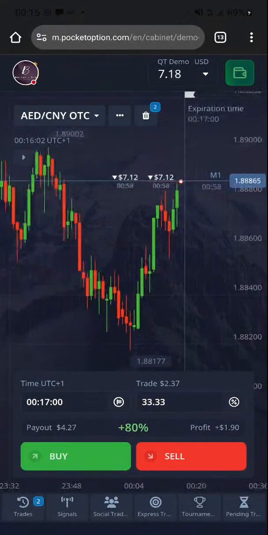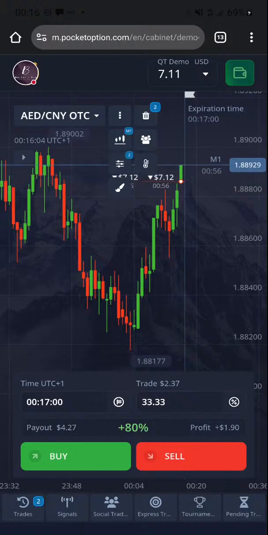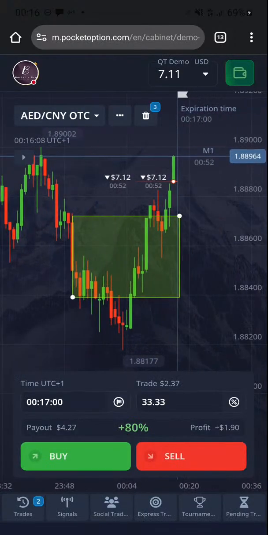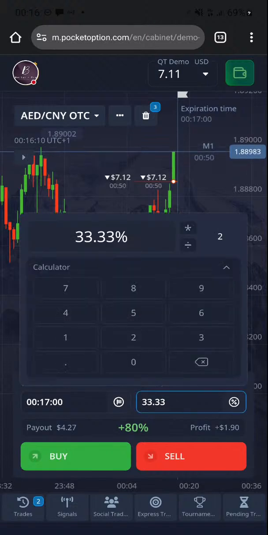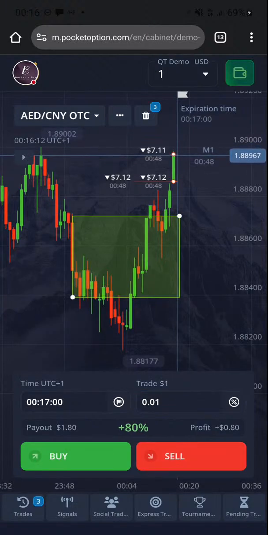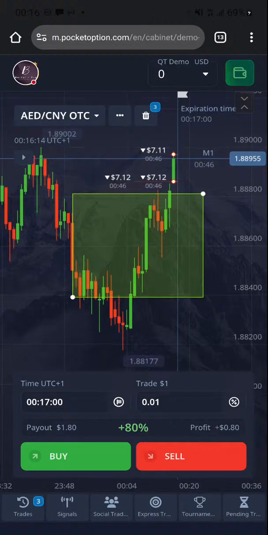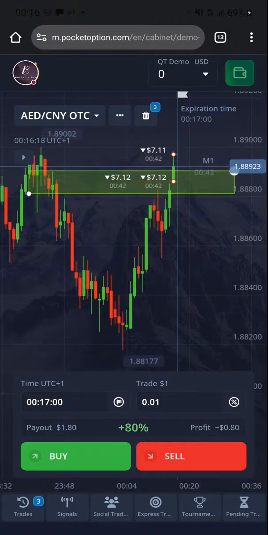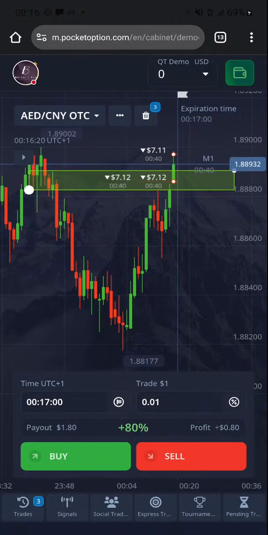Let's take this trade now. Let's go with the sellers, and I'll tell you why we went with the sellers. In fact, let's just go full margin on this because I'm expecting the sellers to push the price down, and I'll tell you why.